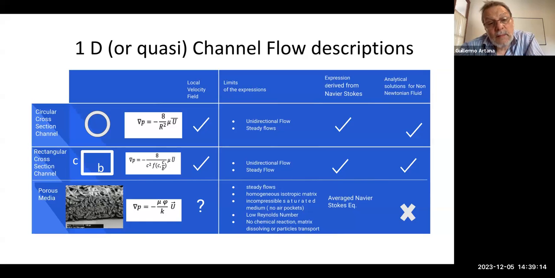That is, it may depend on the deformation of the particles, and we fall in the situation where you have non-Newtonian fluids. For these two, you can obtain an analytical solution, or you can easily integrate them. For this one, you have no clear expression for non-Newtonian fluids.